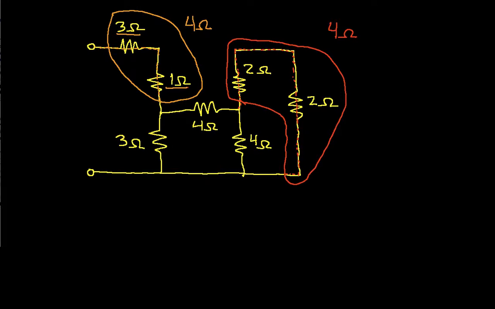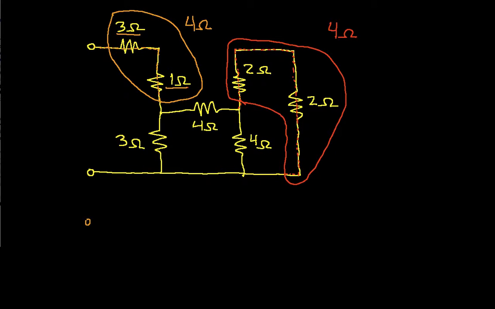And those are the only things that I see from our original diagram. Now, when you're working these problems, quite often it's very helpful once you've discovered a couple of equivalent resistances, or maybe only one, to redraw the diagram showing the equivalencies that you've already found. So I will do that.